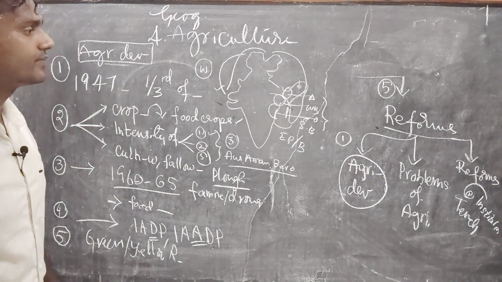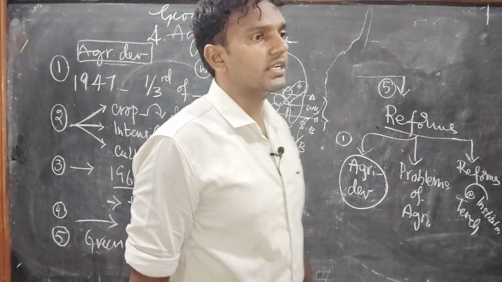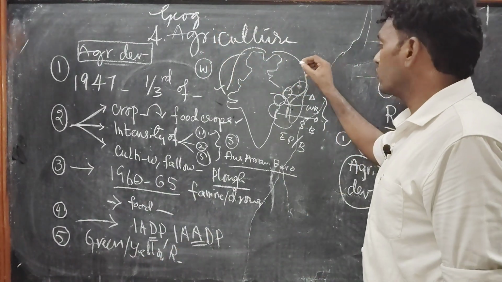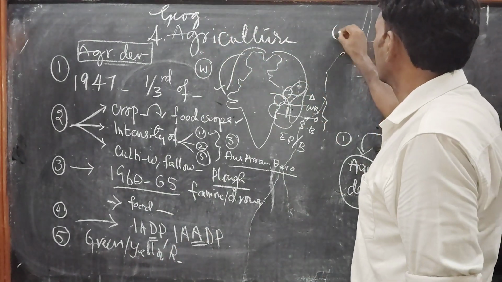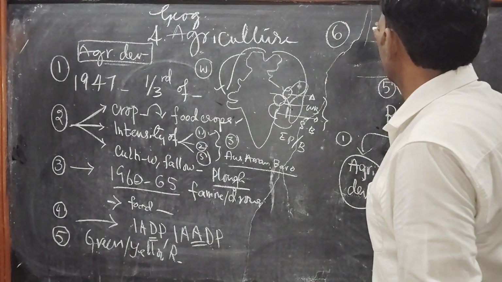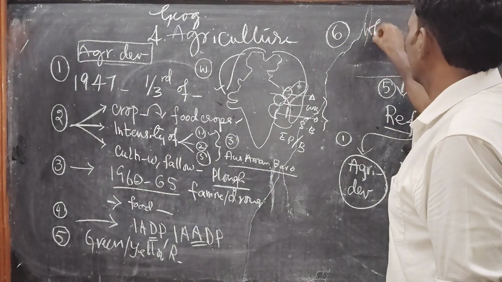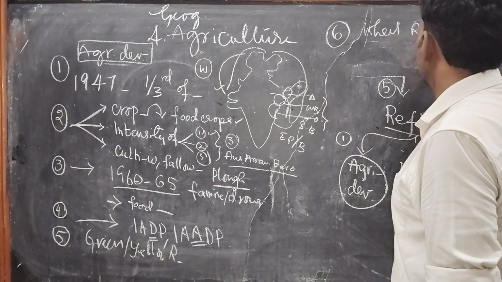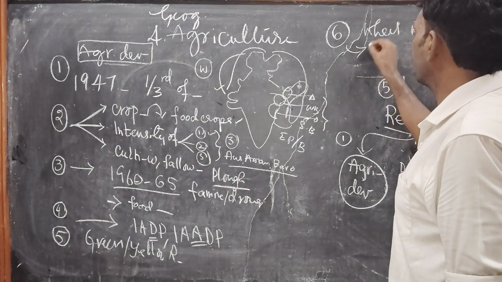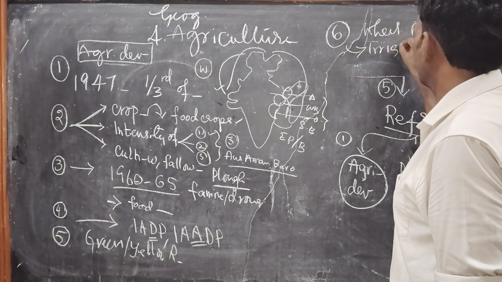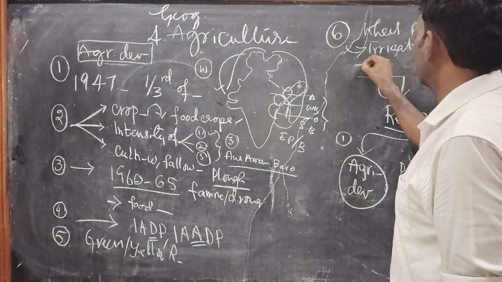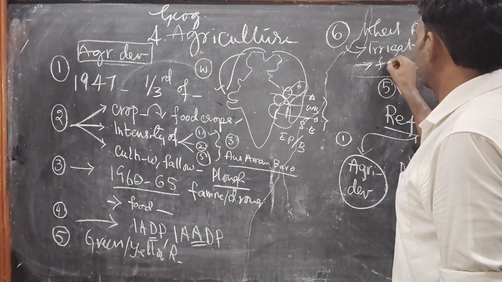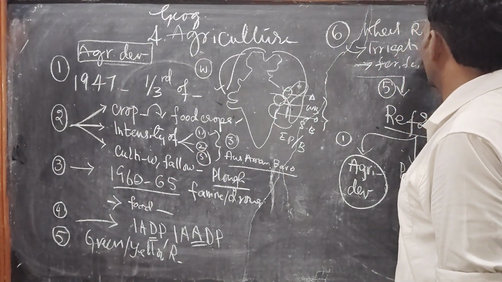It was also introduced in India. What is that? Wheat as well as rice high yielding varieties, and also with the help of irrigation and using fertilizers, pesticides and herbicides.